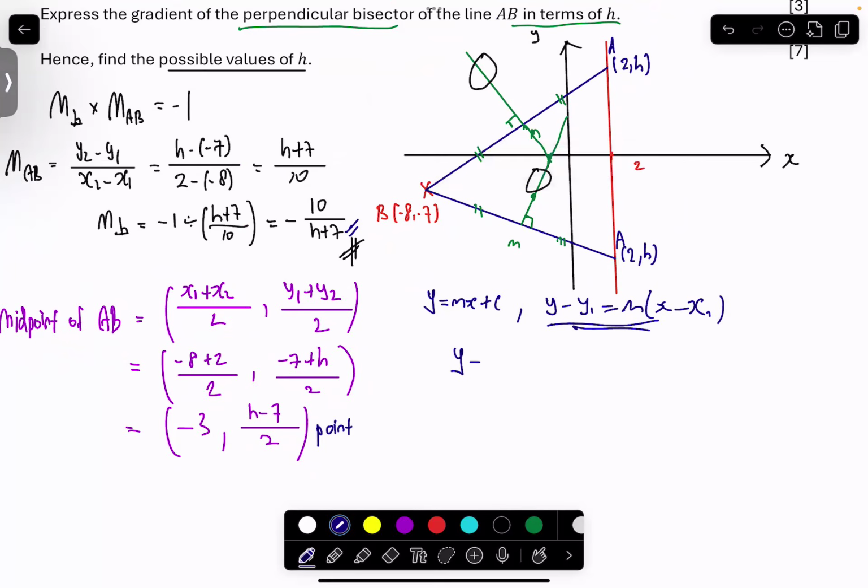This is the gradient of the perpendicular bisector. So I will have y - (h - 7)/2 = -10/(h + 7) multiplied by (x - (-3)). So it becomes plus 3.